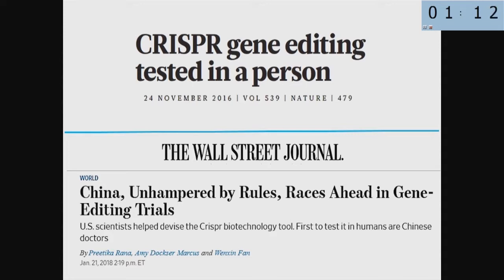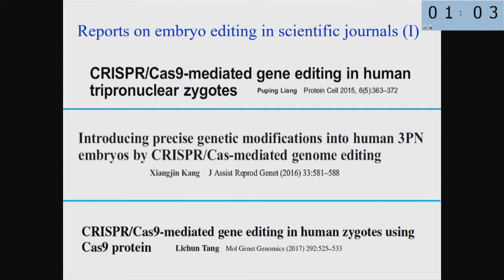To date, the experiments have been intended to test efficacy of the technique rather than to establish pregnancies by transferring the modified embryos. The first report appeared in 2015, implying that experimentation started as soon as the CRISPR-Cas technique was harnessed for gene editing in eukaryotic cells.